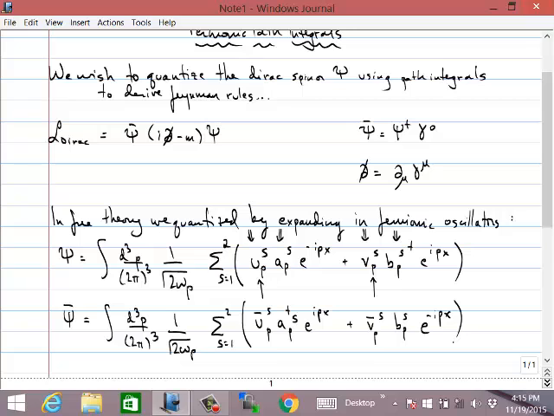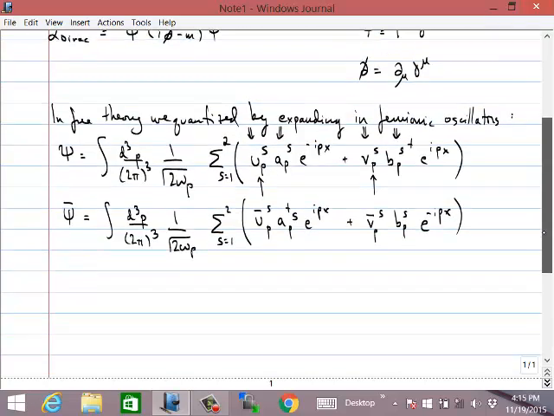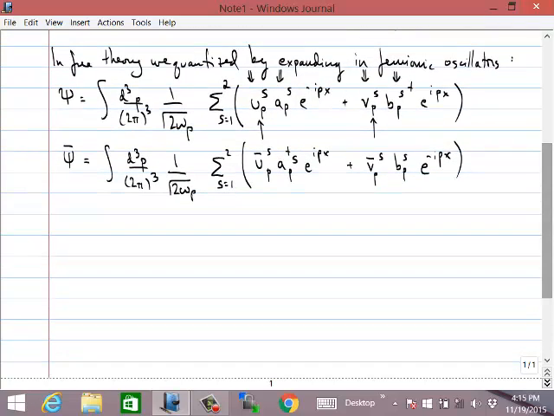So hopefully you all more or less remember this. And the interpretation of these raising and lowering operators is that the operator A, for example, creates a particle. So for example, this could create an electron. And the operator B creates the corresponding antiparticle.